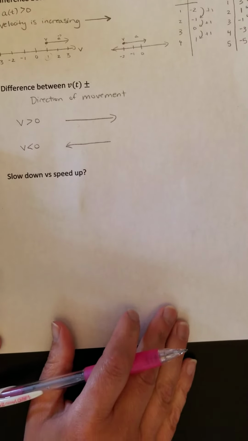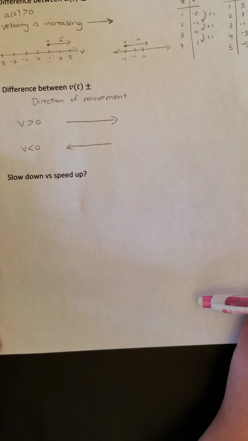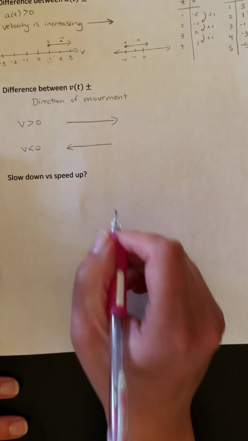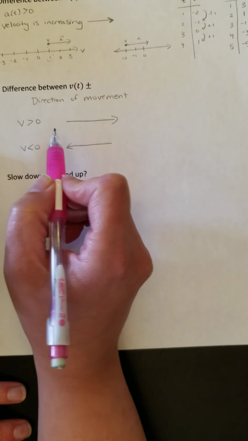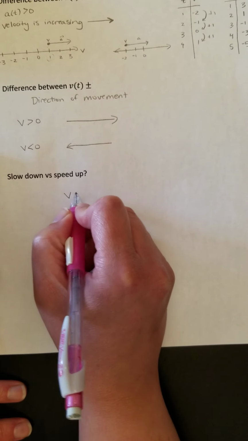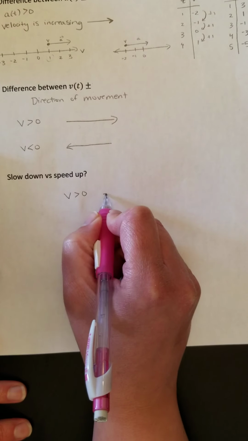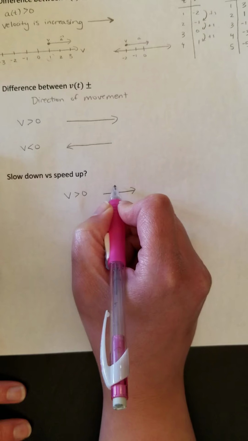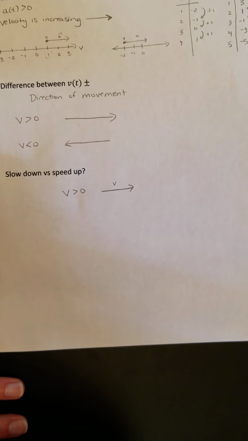Okay, we're going to combine this together and look at what that means in terms of speeding up and slowing down. So if, say, v is greater than 0, your velocity, you've got movement in this direction, and your acceleration means that you're increasing values of velocity.